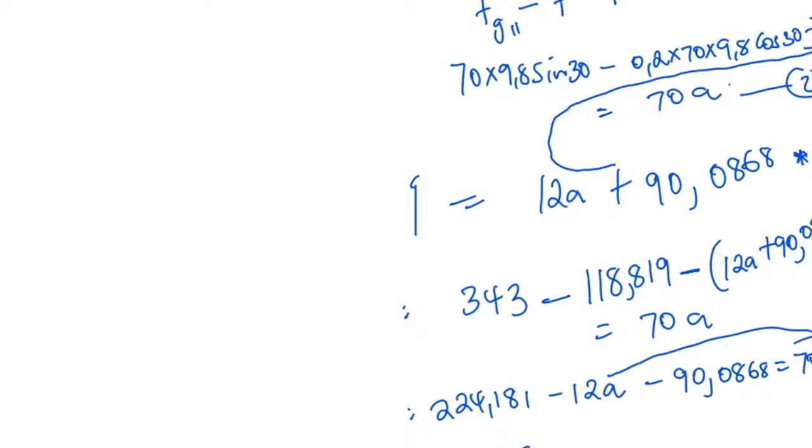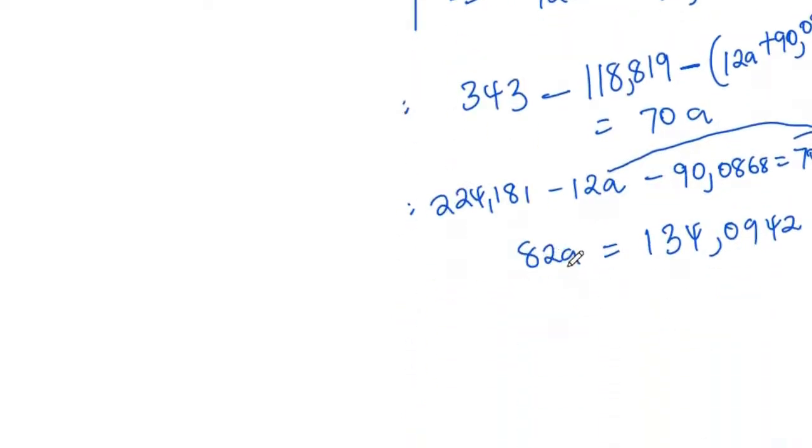And then 224.181 minus 90.0868, I'm getting 134.0914. Then I'll divide both sides by 82.